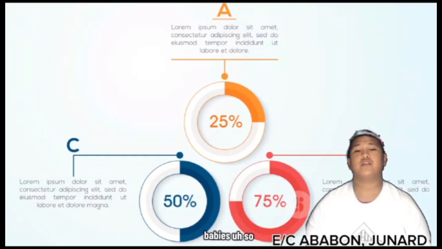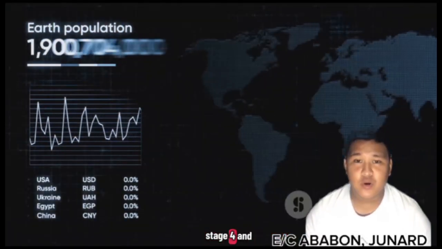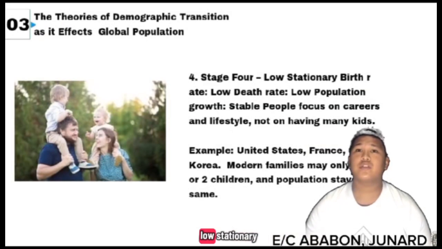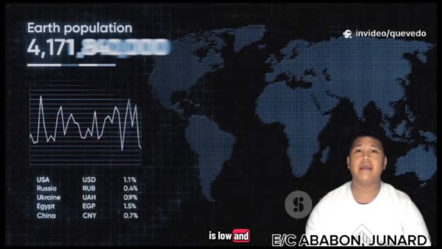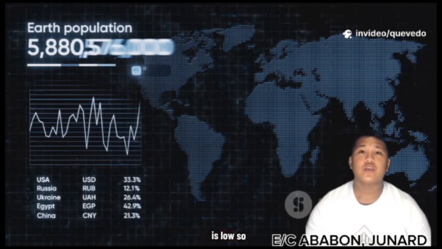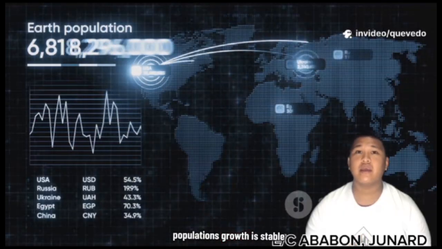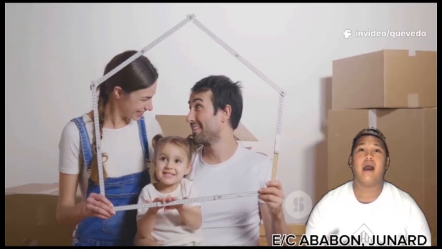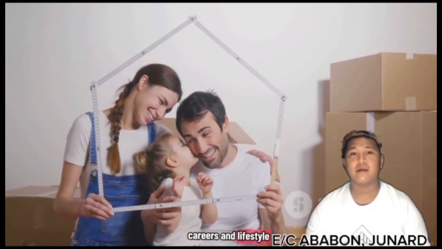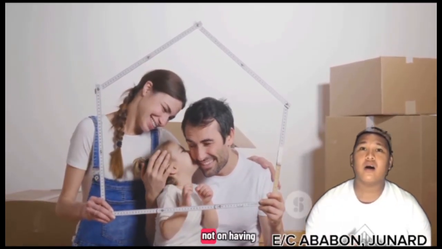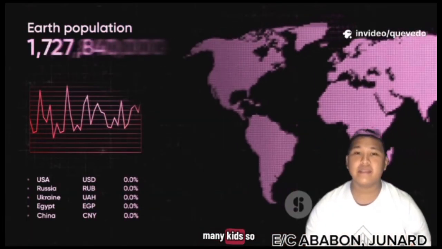Stage 4 is low stationary. The birth rate is low and death rate is low. So population growth is stable. People focus on careers and lifestyle, not on having many kids.